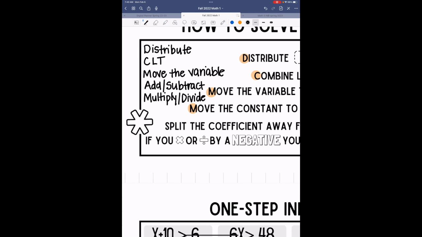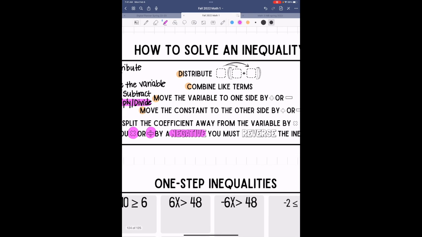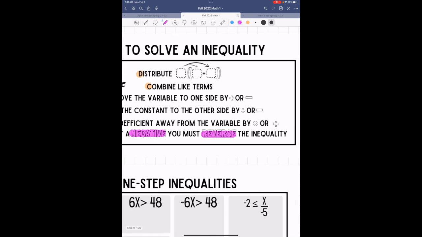So you're still going to be using those same steps, but here is the most important piece to remember. When you multiply or divide by negative on this last step, the multiply or divide step, you have to reverse the inequality.